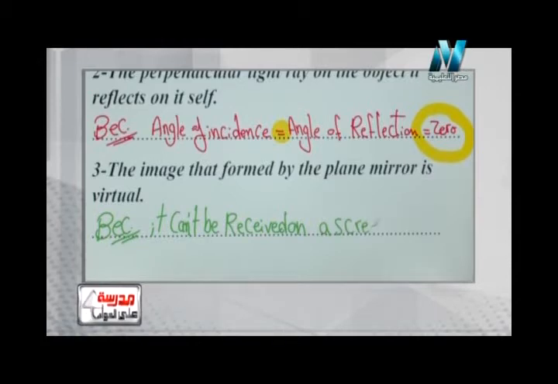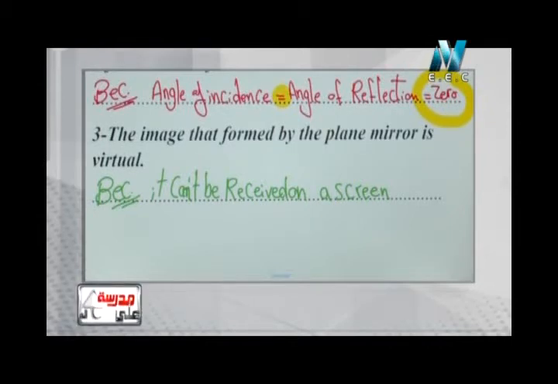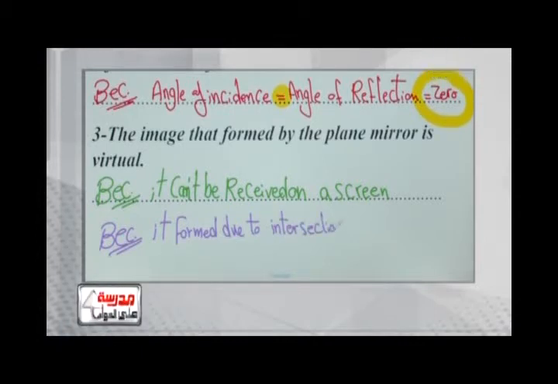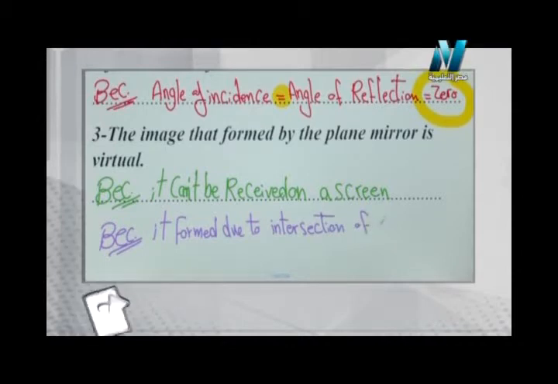Now, give reason for: this image can't be received on a screen. Why? If I consider the answer as a give reason, I say because it is formed due to intersection of extensions. Be careful, because it said virtual.